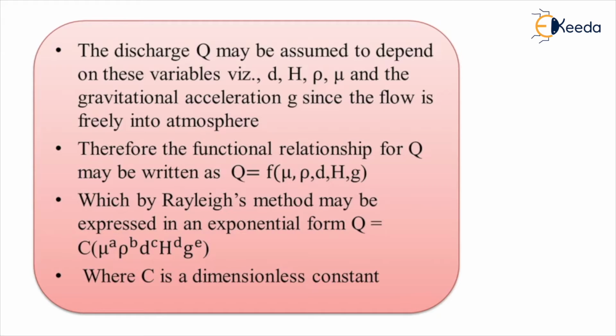Therefore, the functional relationship for Q may be written as Q, that is the discharge, is equal to the function of mu, rho, small d, H and g, which by the Rayleigh's method may be expressed in the exponential form as Q is equal to C into mu raised to a, rho raised to b, small d raised to c, capital H raised to d and small g raised to e, where C is our dimensionless constant.